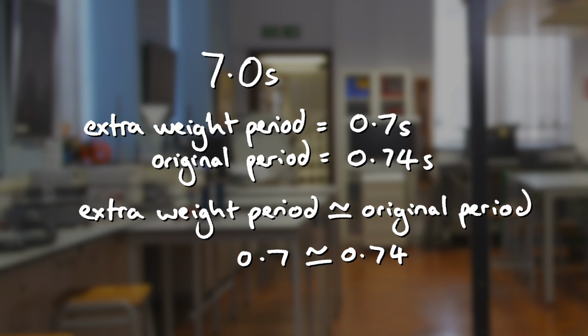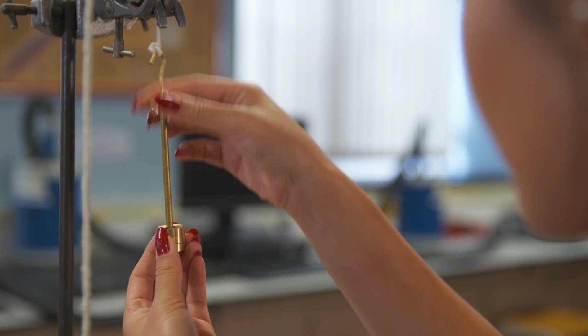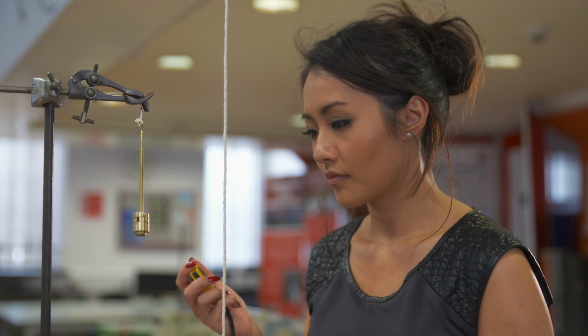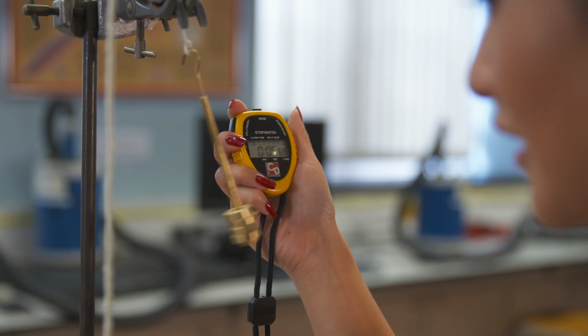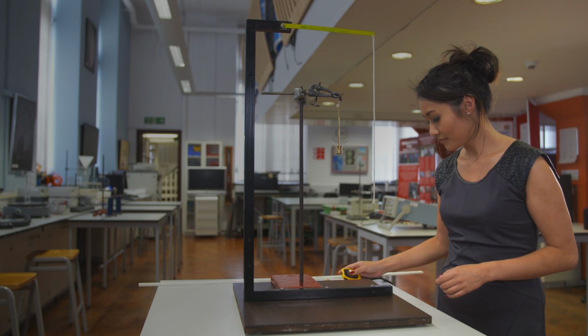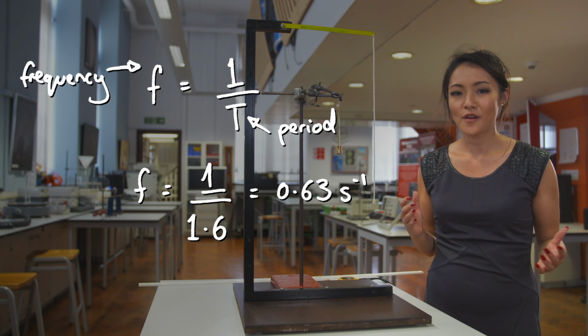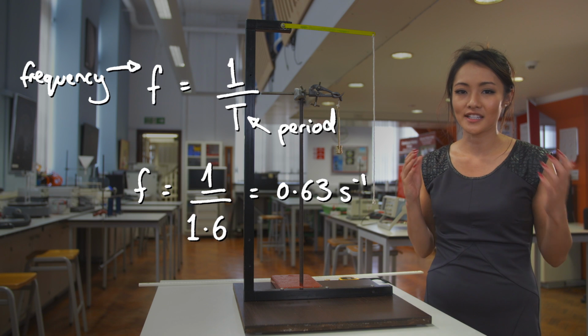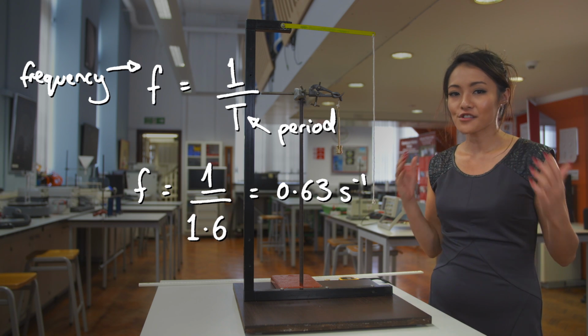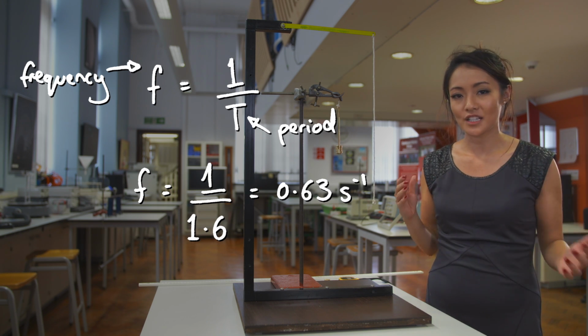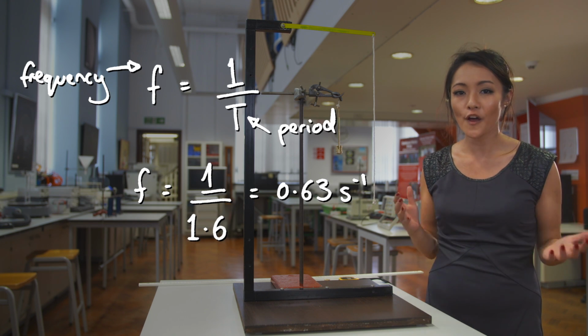Notice that the period is not dependent on the mass, so adding more weights shouldn't make a difference. The inverse of period is frequency, or the number of oscillations per unit time. In our original case, we measured 0.63 oscillations per second, or hertz.